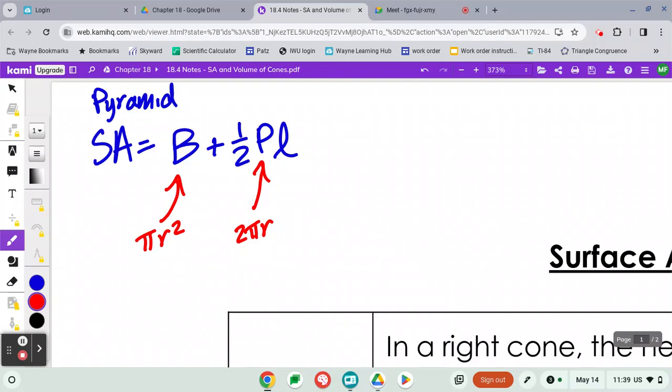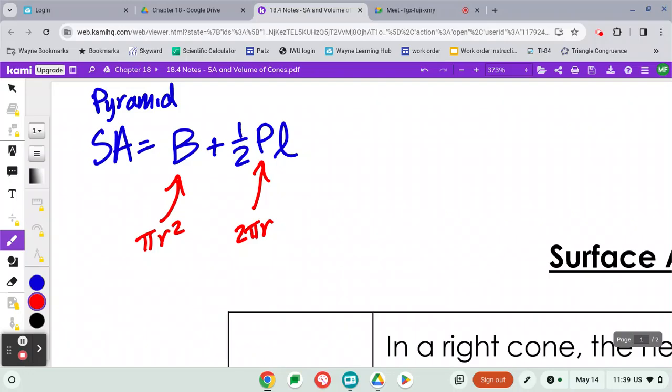So before we write it down, if we take half of 2 pi r, what's going to happen when we take half of 2 pi r? 1 pi r. Yeah, half of 2 is 1. So we'll get 1 pi r, or just pi r.